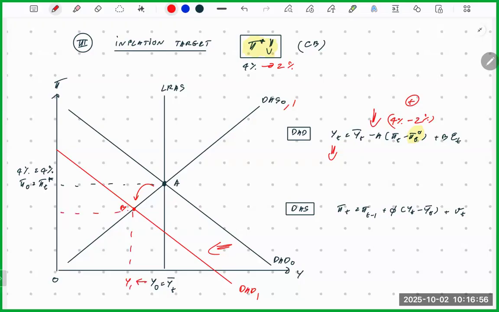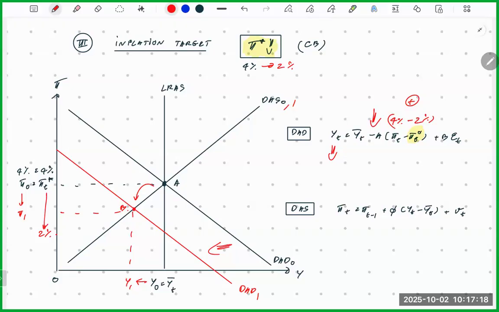Inflation goes down, pi 1. Let's say inflation goes from 4% down to 2%, somewhere here. Still good? Okay. And after that, the economy is going to adjust itself.